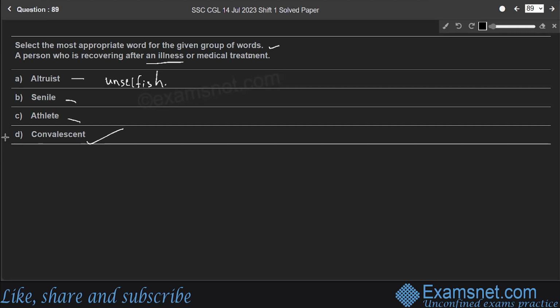Senile means having or showing the weakness or disease of old age, especially a loss of mental faculties. Athlete means a person who is proficient in sports and other forms of physical exercise. So for the given question, a person who is recovering after an illness or medical treatment is called convalescent.